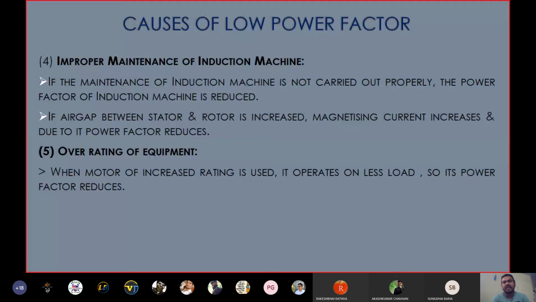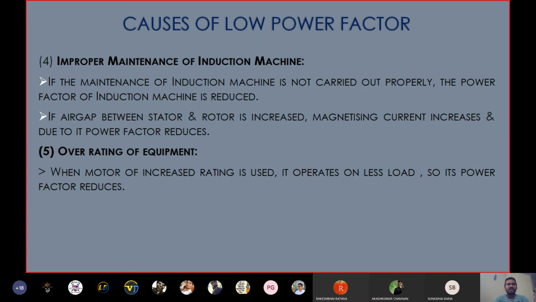That means the machine takes more current from the source, and as the magnetizing current increases, the power factor reduces. So this is one example of proper maintenance. If the air gap between stator and rotor is maintained, then the power factor will also be maintained.